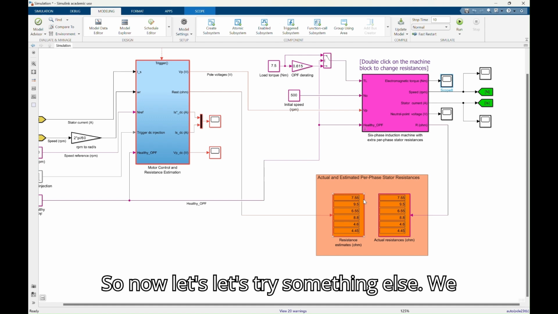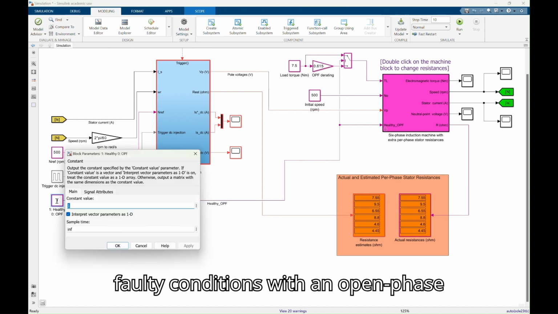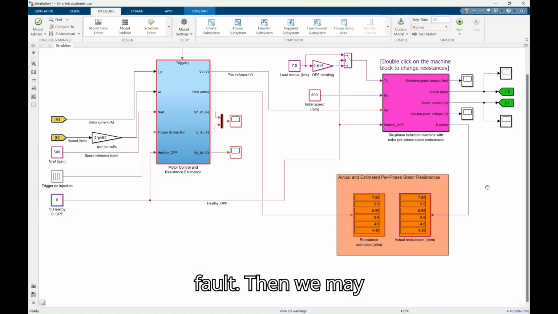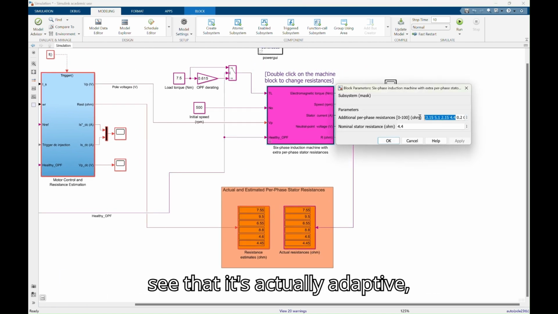So now let's try something else. Okay, we can set it again to faulty conditions with an open phase fault, and then we may change these variables so that you can see that it's actually adaptive.